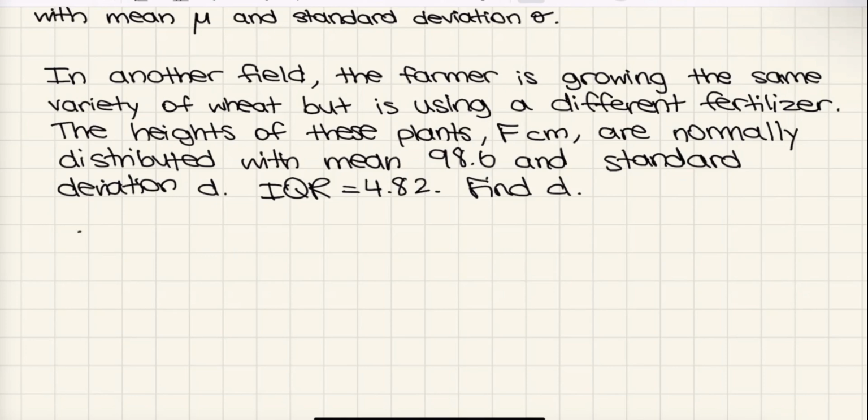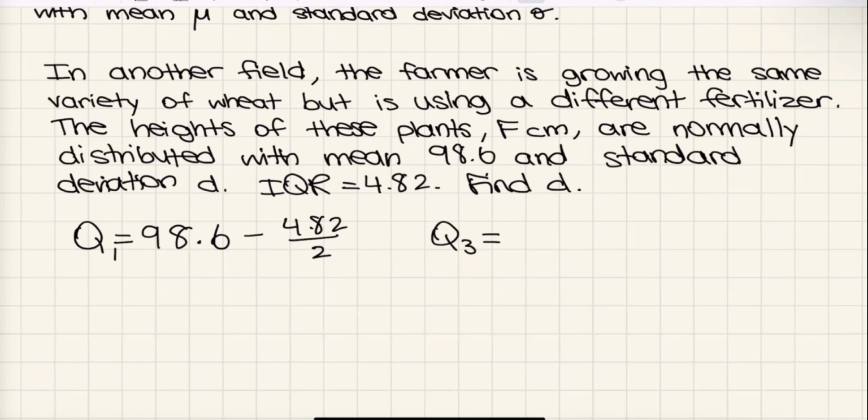So therefore, Q1 is going to be equal to 98.6 minus 4.82 over 2, and then Q3 is going to be equal to 98.6 plus 4.82 over 2. And let's see what that's equal to. Well, 4.82 over 2 is 2.41.